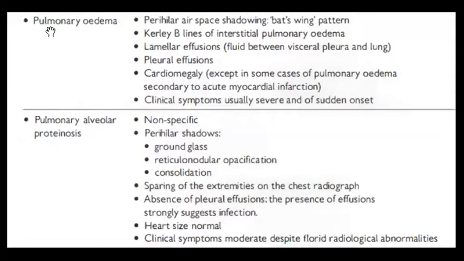So all this is against pulmonary edema. Sometimes it can be non-cardiogenic pulmonary edema, so it can also be without cardiomegaly. Pulmonary alveolar proteinosis gives non-specific perihilar shadows, sparing the extremities. There is no pleural effusion in the typical one, and the heart size is usually normal.